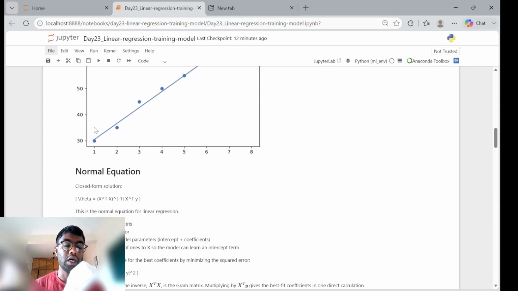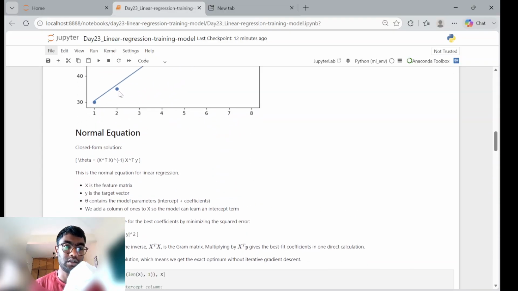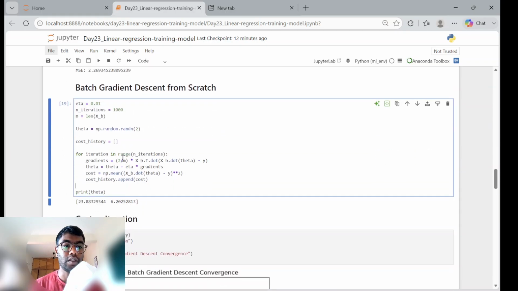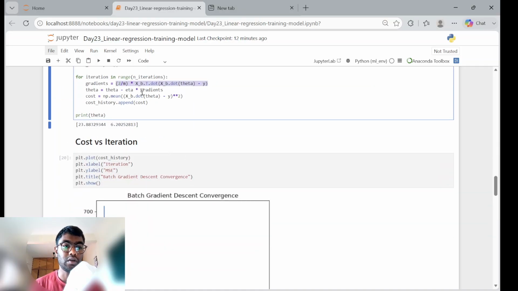The batch gradient descent adjusts itself. So one of the things that this formula does here is this is the eta and gradients factor, which is computed as this here, right? So this is a formula.